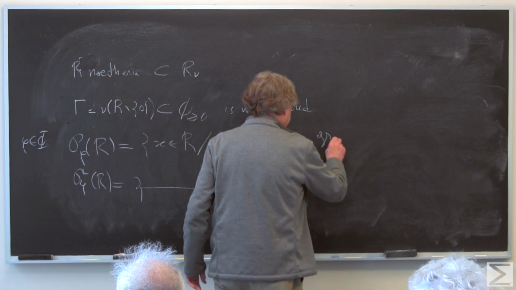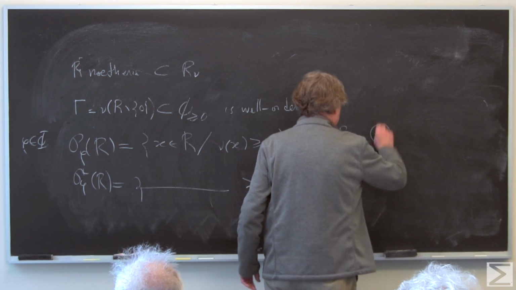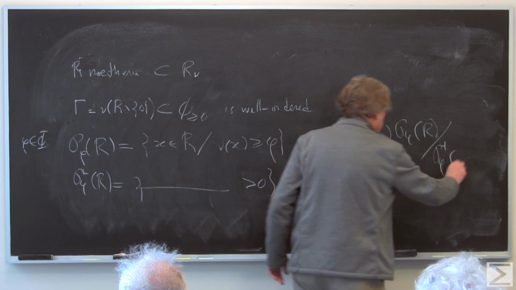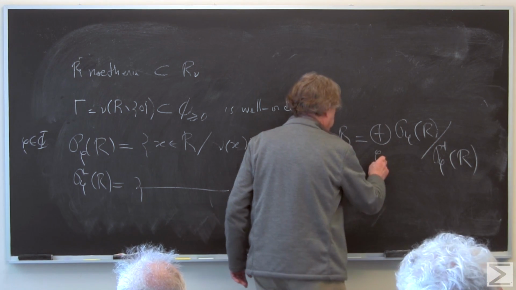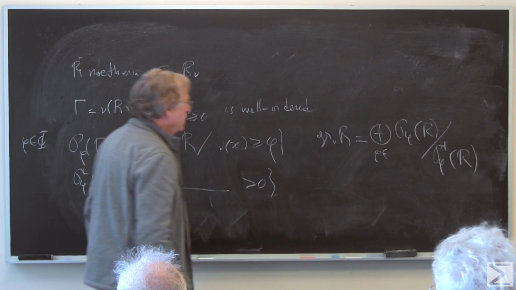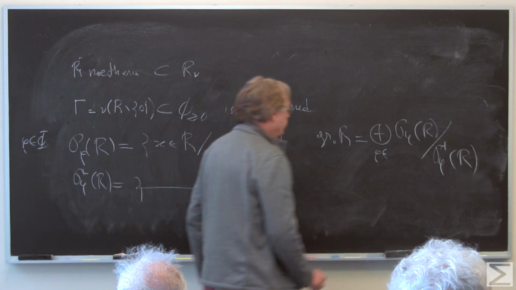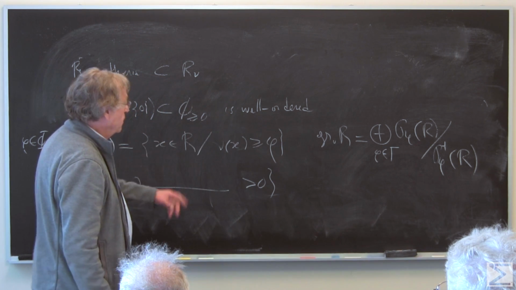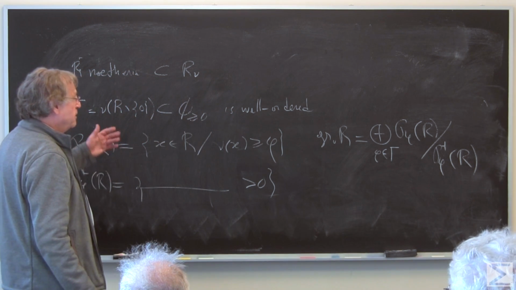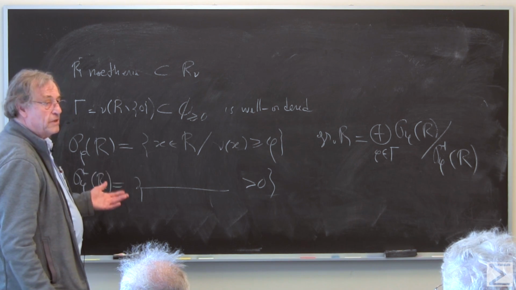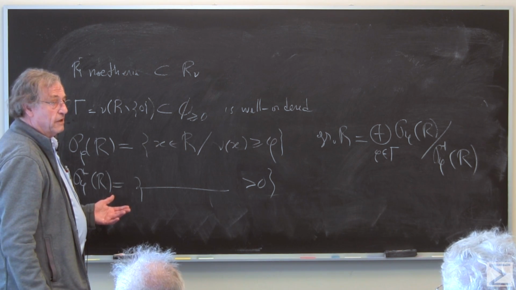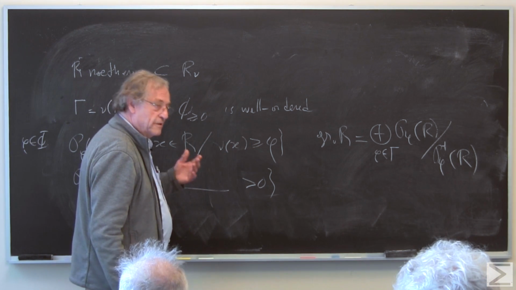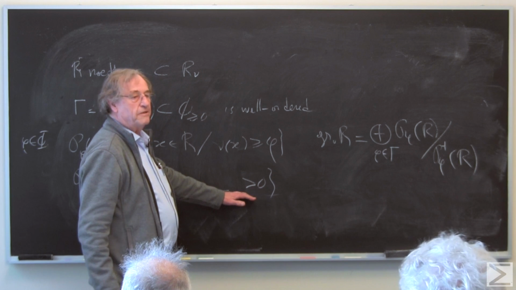And then we produce a graded ring, and this graded ring is indexed by gamma. Why? Because if phi is not an element of gamma, it means that there is no element of R whose value is exactly phi. Therefore, if an element has value at least phi and cannot be equal to phi, it has to be greater than phi.